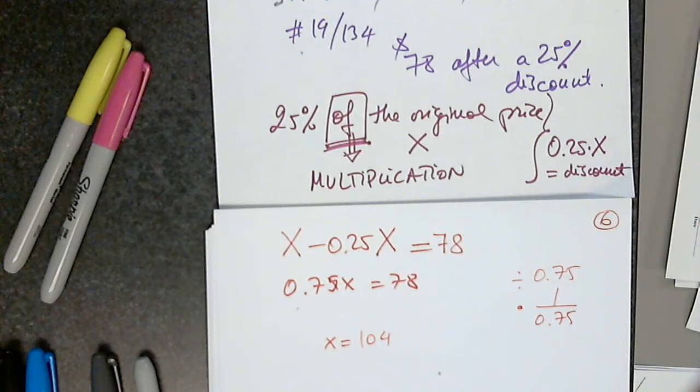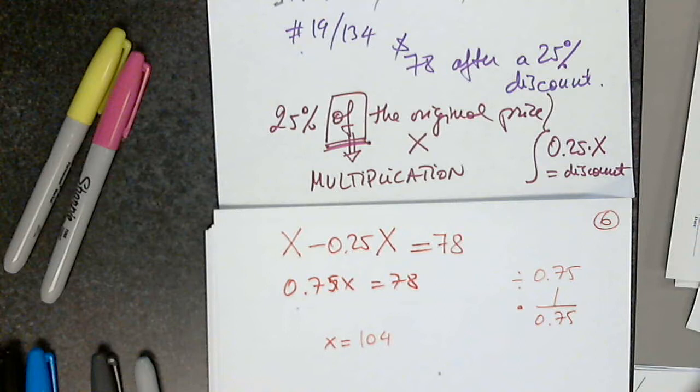Okay, now I want to check my work. So if I want to check my work, I will say 104 minus 0.25 times 104 should equal 78.